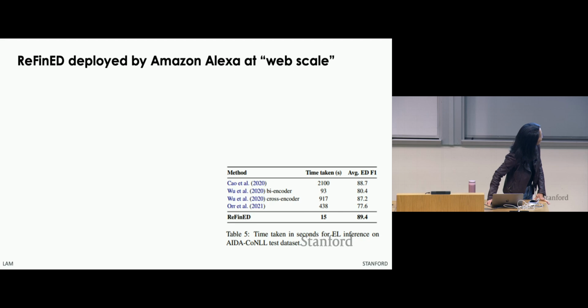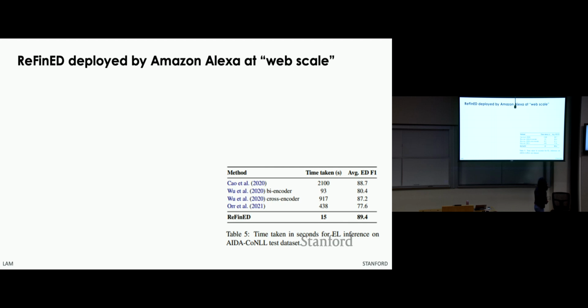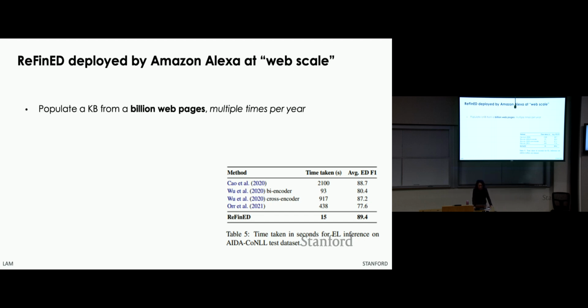As you can see here, in terms of time taken compared to previous work, the others all use bi-encoders or cross-encoders and so forth, and ReFinED just beats them all in this test in both time and performance.